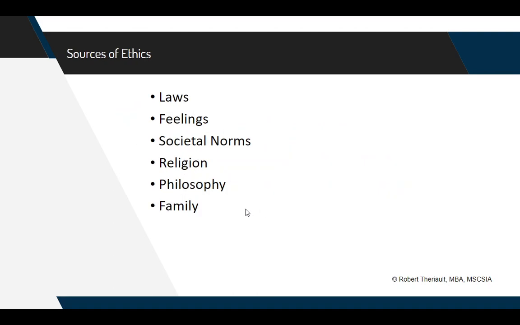So there's all kinds of places you get them. Laws, those are enforceable ethics, but also how you feel, how society is working, what religion you are, what philosophy you have on life, and all of this is intertwined. Family might help push all of that as well. So these are places where you decide, is it right and okay to do stuff?